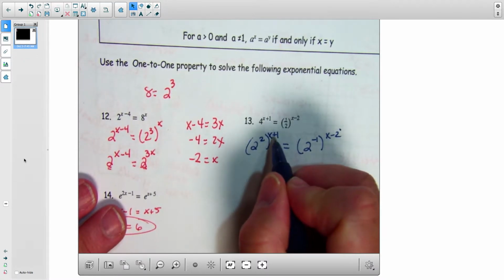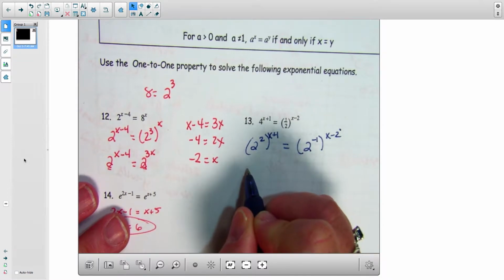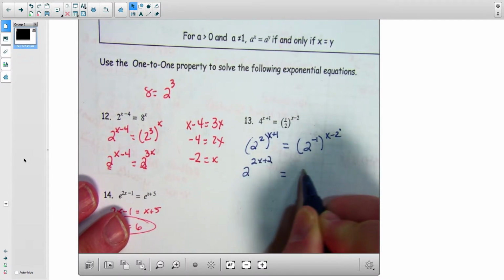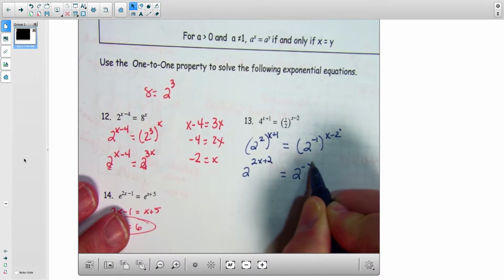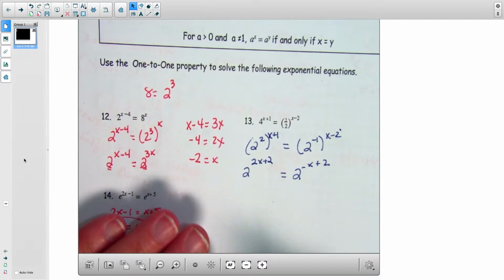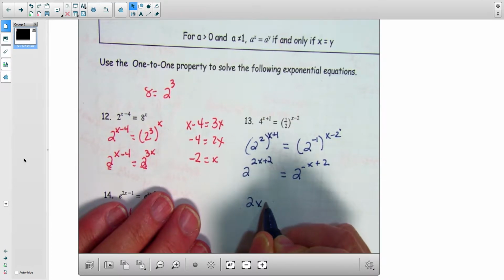And then what do we do with the exponents? Distribute. So this is going to be 2x plus 2. And this will be 2 raised to the -x plus 2. And now set those exponents equal.